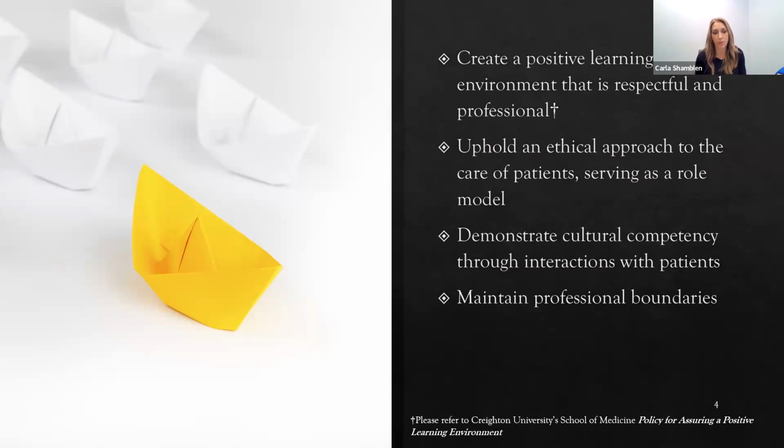Those are things that we express to our students are very important as part of the PA profession, and we want that to be modeled for them, as well as upholding ethical approaches to the care of patients, and again, serving as a role model. We really stress cultural competency here at our program in Phoenix, so it's definitely something we would like to see our preceptors also demonstrating, and then maintaining professional boundaries.